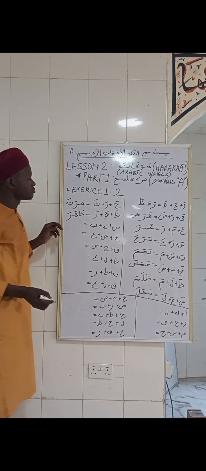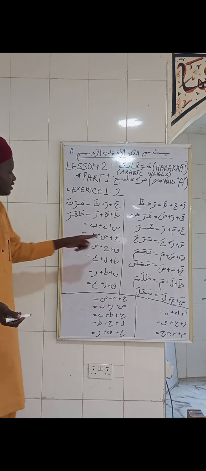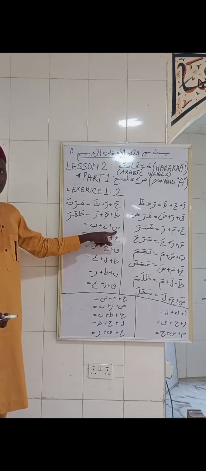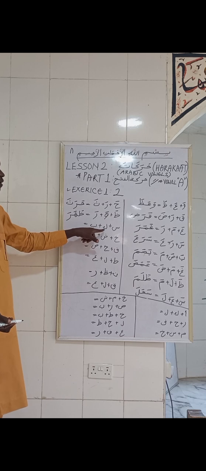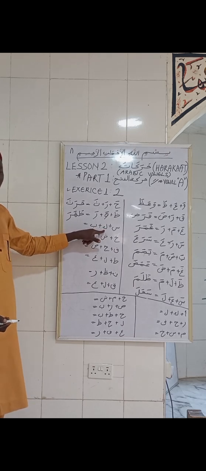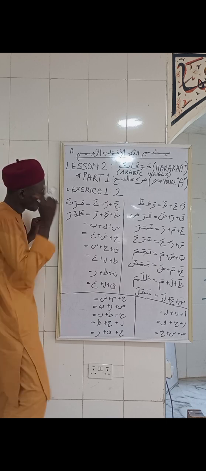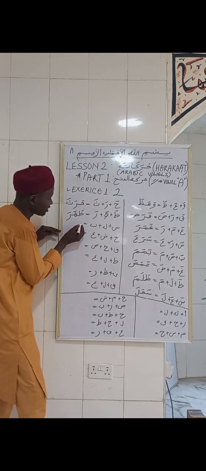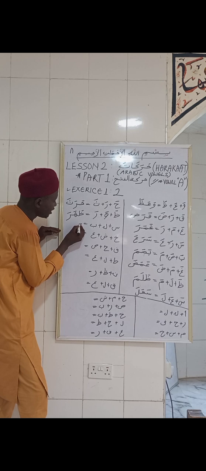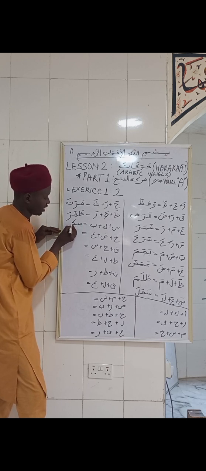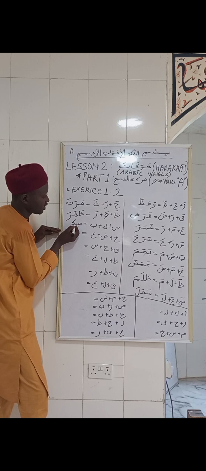So this one, sin, it can be joined with kaf. But whenever you are joining something with kaf, it takes the other shape we've learned in exercise 1. So sin. So you now do like this. This is the shape to take. And you see it, we link them together.